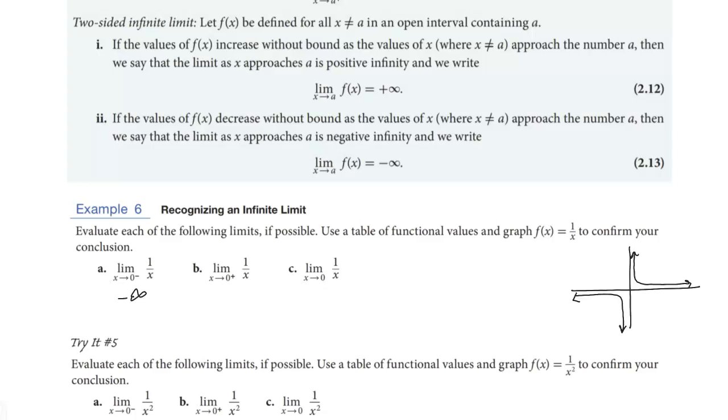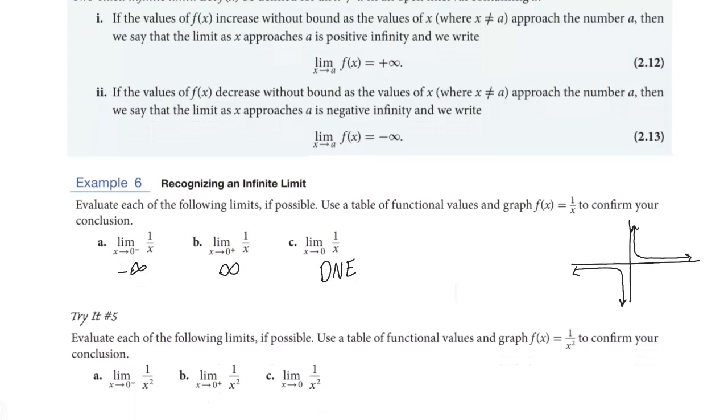On the right-hand side, we're heading up to positive infinity. So I could talk about the direction. Technically, these don't exist, but they don't exist in a particular direction, and we're just notating the direction in which the limit doesn't exist. Okay, at 0, though, one side's going down, one side's going up, which means that this limit does not exist because the left and the right are heading to different places.